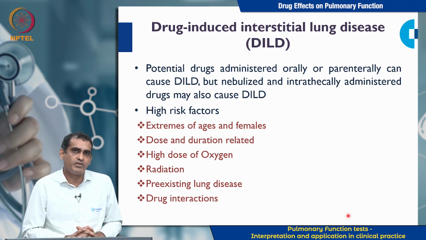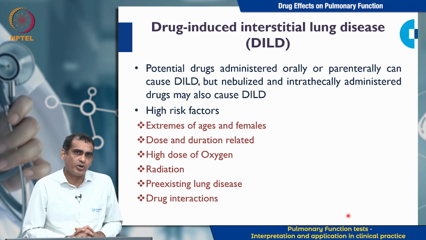Many times when we administer the drugs orally or parenterally, there is a possibility of getting interstitial lung disease, but sometimes or rarely, even when we administer the drugs inhalationally, the interstitium can get affected, or sometimes when we administer the medications intrathecally, we can have the lung parenchyma getting affected.